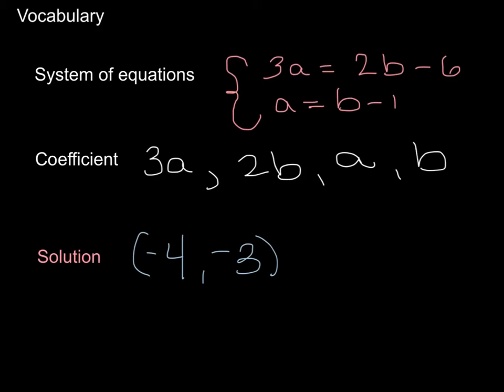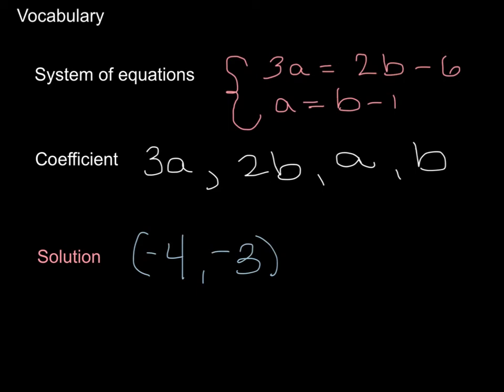What you'll notice is that for this example, I've got two different variables, A and B, and I've got two different equations here. The rule is that I need to have as many equations as I have variables. So two variables, two equations. If I have three variables, I need three equations, and so on.